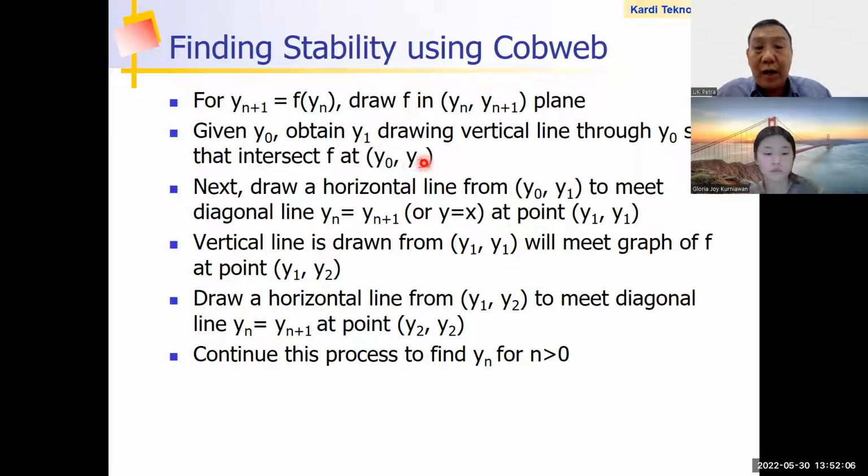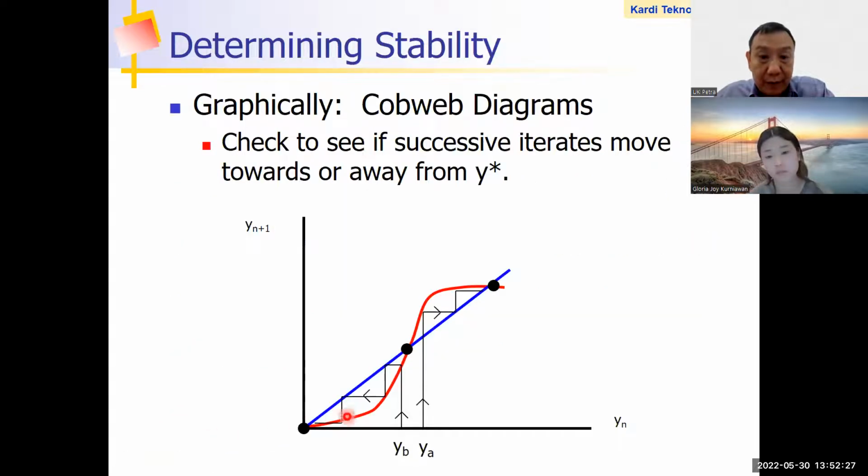After that, you draw a horizontal line. Again, vertical line, horizontal line, and so on. If you continue this process, it will eventually meet at the equilibrium point, on the diagonal.